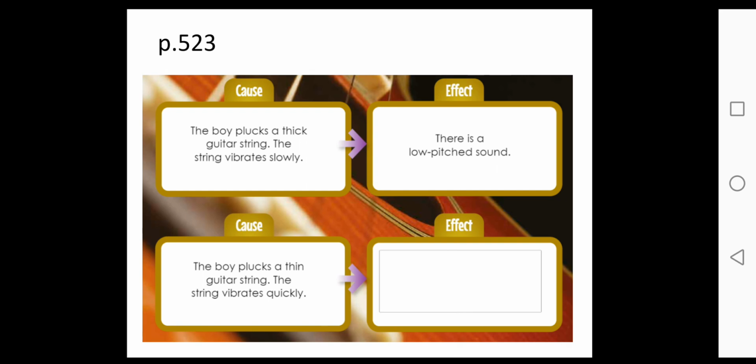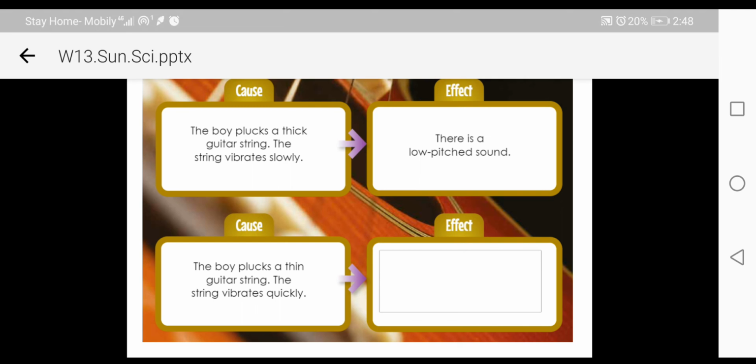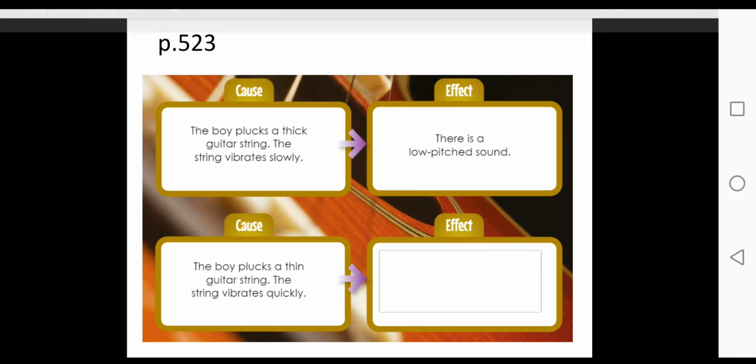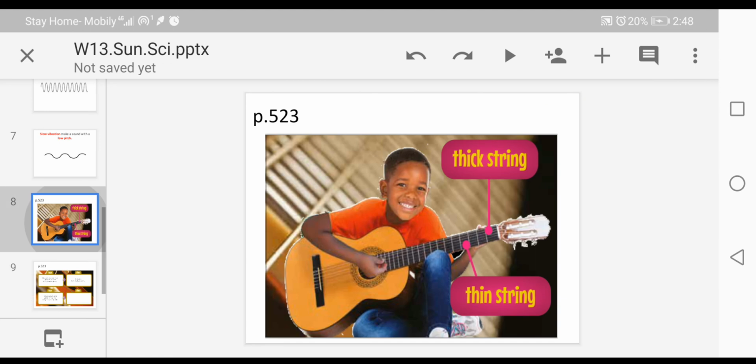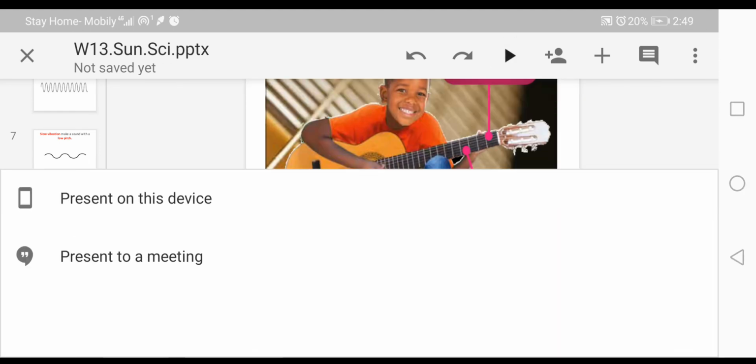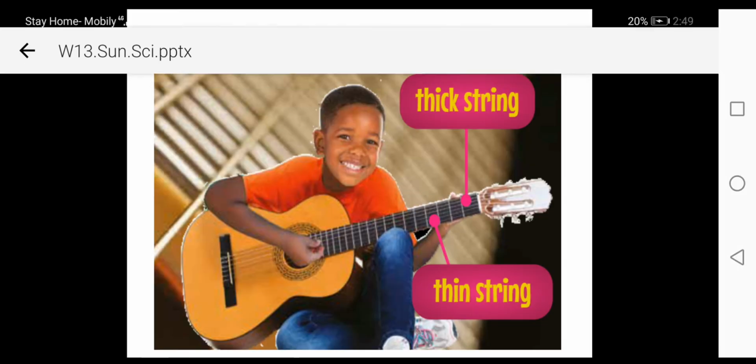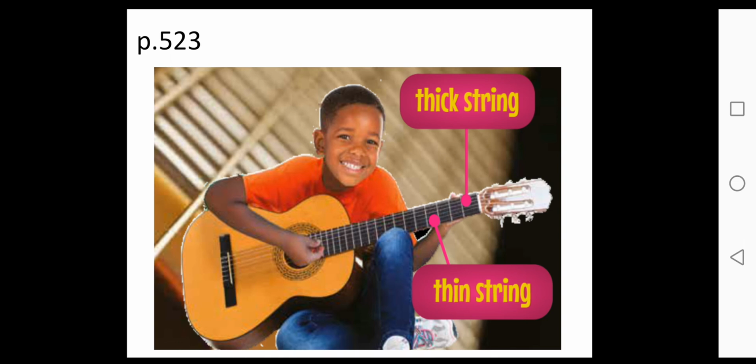The thick string vibrates slowly. Look. Here I have the thick string, and I have the thin string.